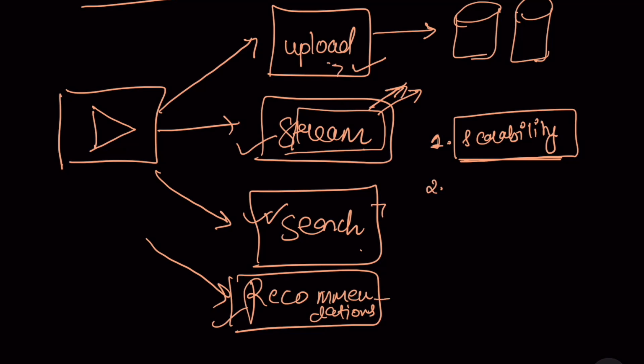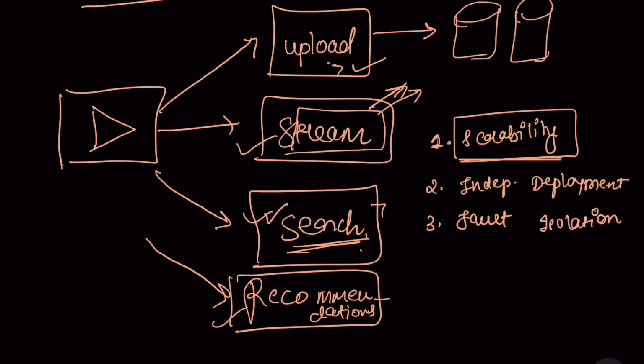Then the second advantage is independent deployment. You can deploy each service separately in microservice architecture. This means that if the search service needs an update, it can be deployed without affecting the video streaming or the recommendation system. Then we have fault isolation.